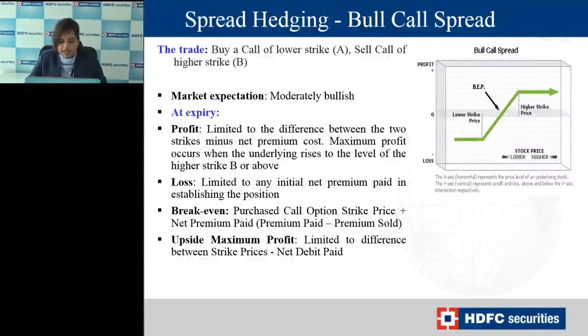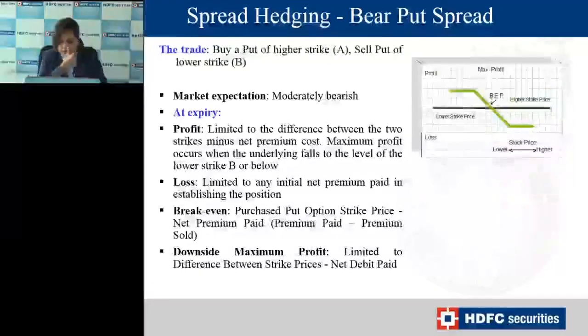Moving on to the next slide, this is the opposite view of the previous strategy. The previous strategy had a bullish view. This strategy has a bearish view. But the calculation, the risk reward ratio, remains the same for this kind of a strategy. In this case, we buy a put option of a higher strike and we sell a put option of the lower strike. So it's the opposite. Because we are buying a put option, we have a bearish or a moderately bearish view.